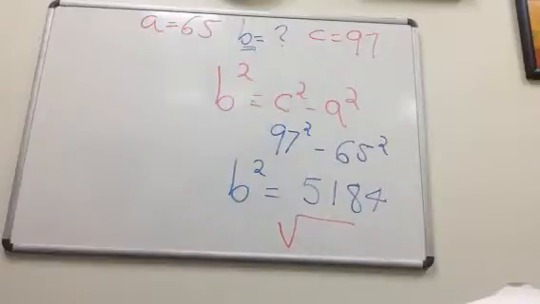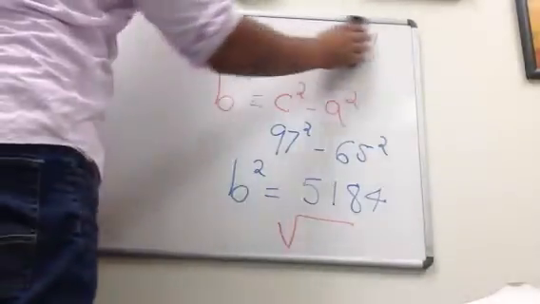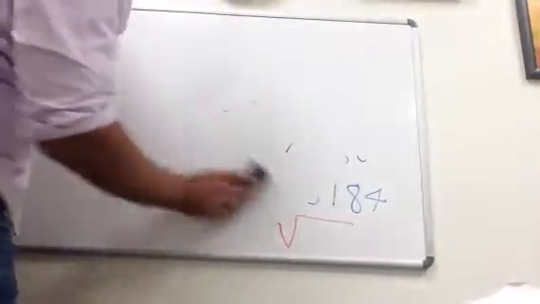Let's talk about question number 4. It says, how long is the diagonal of a 9-inch by 40-inch rectangle?